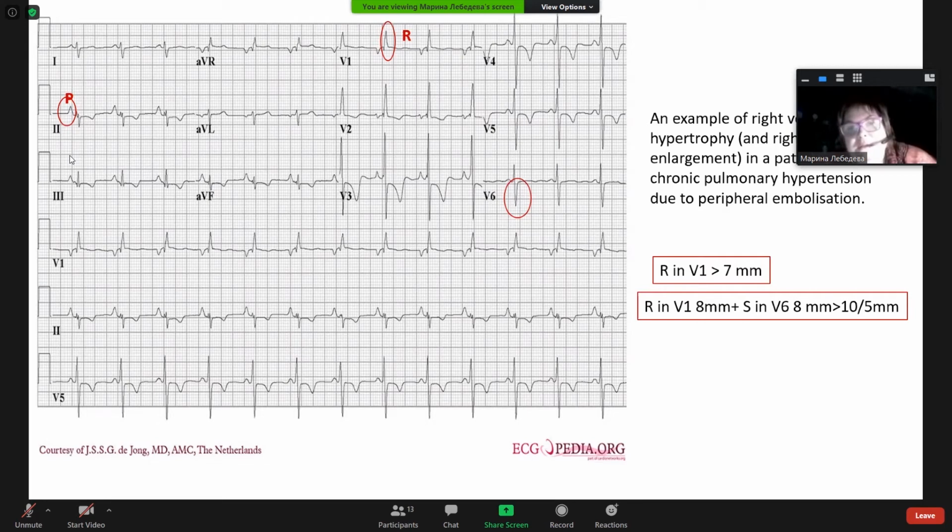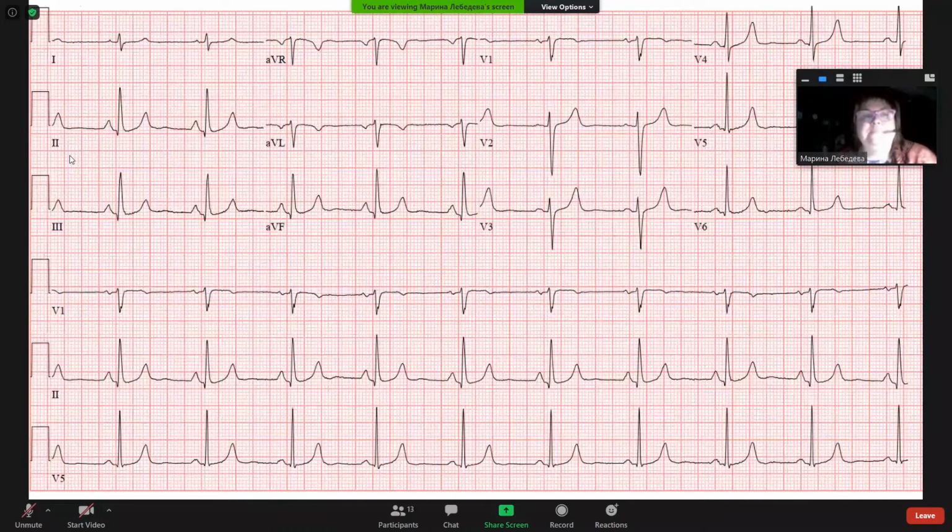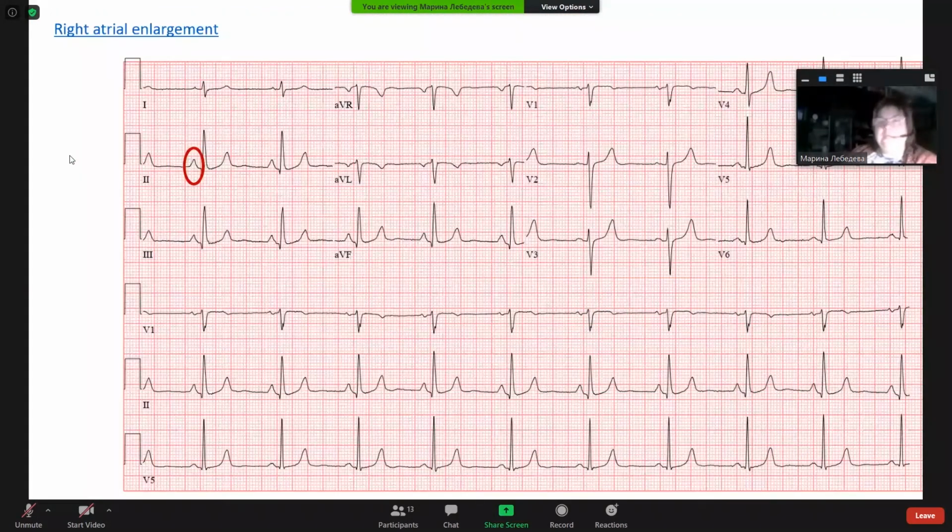So we can speak about hypertrophy of myocardium of the right ventricle, which often is due to lung heart formation, due to chronic pulmonary diseases. It may be COPD, bronchial asthma, pulmonary fibrosis, any. Again, we can see right atrial enlargement in this ECG.